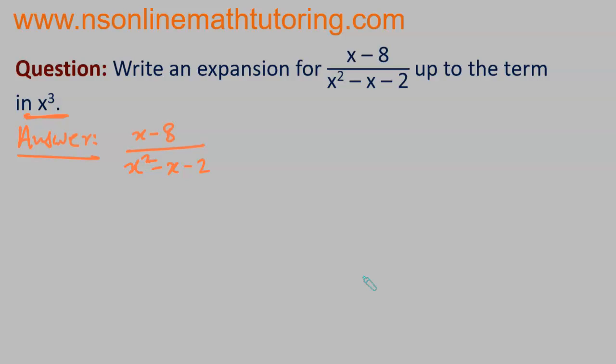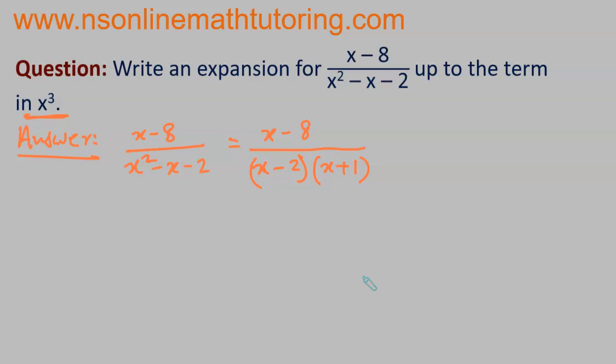For that, we first have to factorize the denominator. So this can be written as x minus 8 over... I am using the middle term splitting method, but I am not showing the steps in detail. So this can be negative 2 and this can be positive 1.